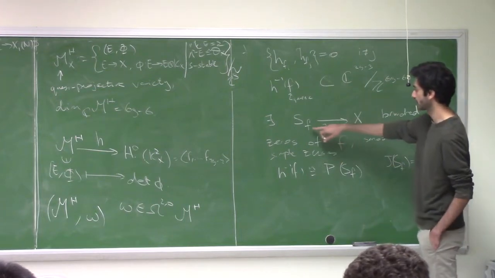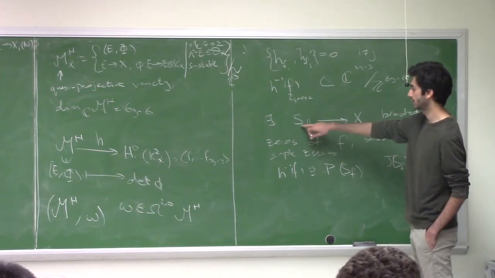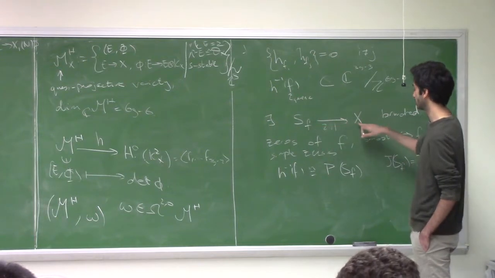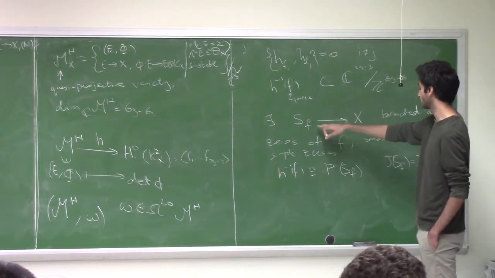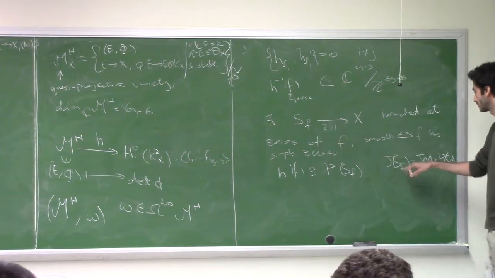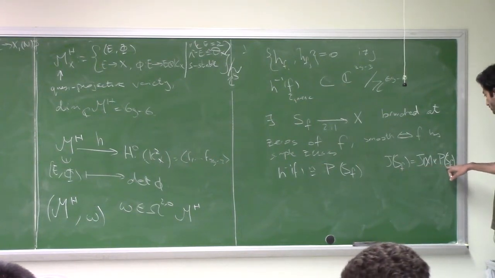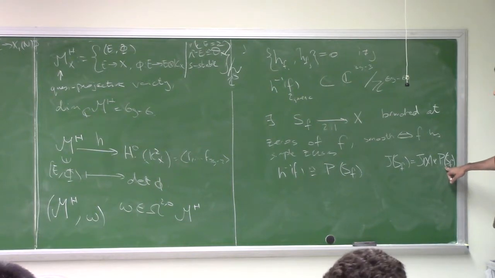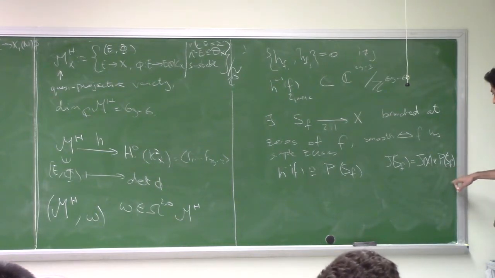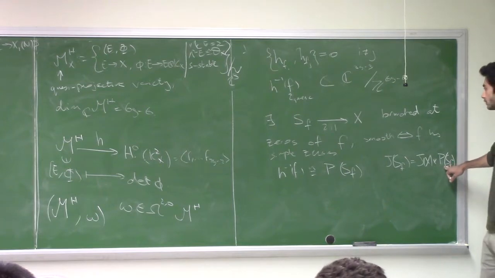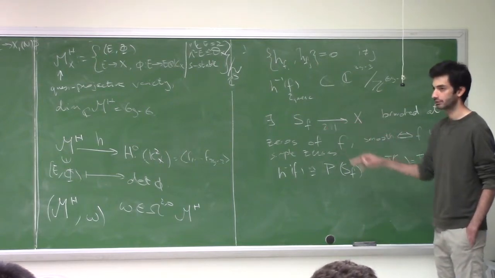Since it's a 2-to-1 cover, there's an involution such that S_f quotiented by that involution is equal to X. The involution also acts on line bundles, or on Jacobians. J_X is the positive eigenspace, and the Prym variety is the negative eigenspace, the anti-invariant line bundles. In other words, these are the line bundles which are not pullbacks of line bundles from X.